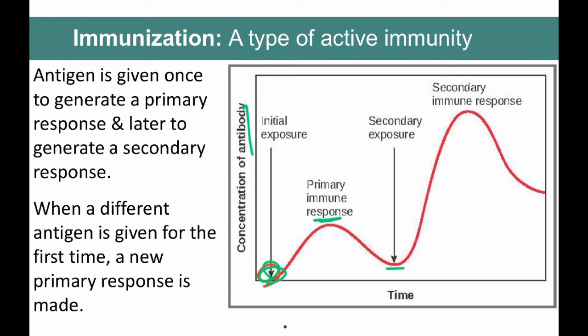So if you've ever been exposed to the bacterium that causes tuberculosis and you have a skin test, you're going to test positive because you will have an immune reaction. It doesn't mean you have tuberculosis. After a secondary exposure, you have a secondary immune response that's much larger, and if you look at the slope of these two lines, the slope here is much steeper.